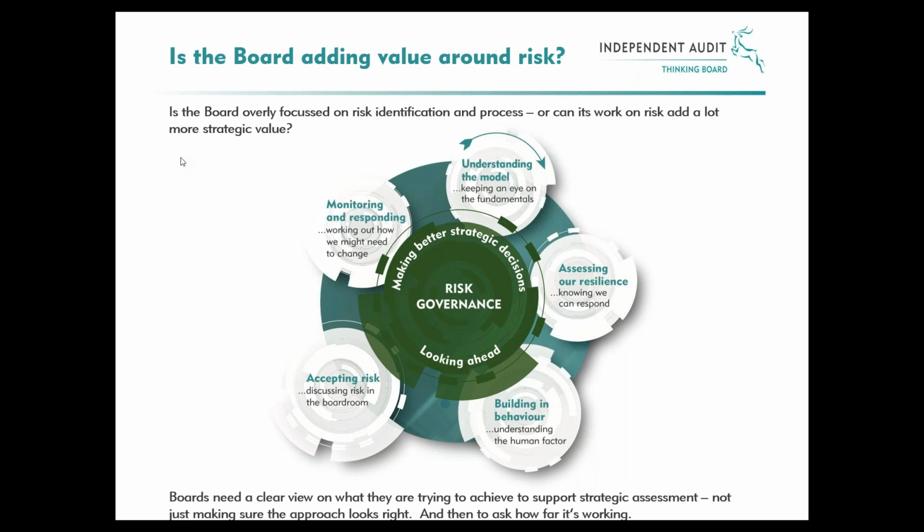And then lastly, how far is the board asking about the way the organization is responding to the main risks? The board may well be identifying the risks and discussing the principal risk list, but does it then take it to the next stage to understand how the organization is responding to those principal risks?